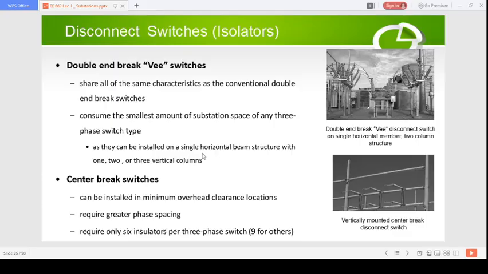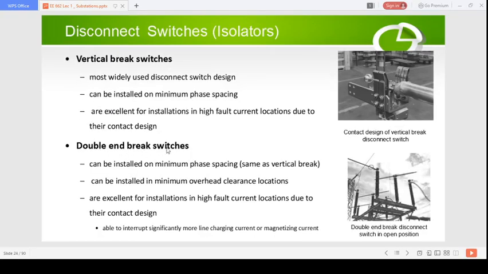So that's the double end breaker switch. Okay, so you can see that with this double end breaker switch, because it operates horizontally, you need larger spacing between the two phases compared to the vertical brake switch.